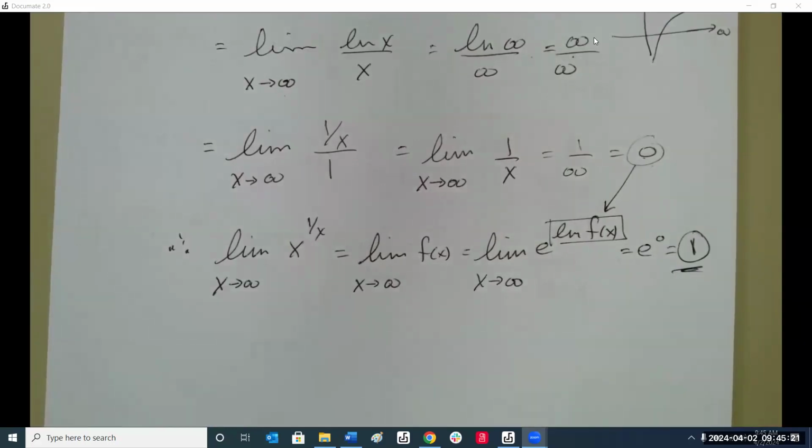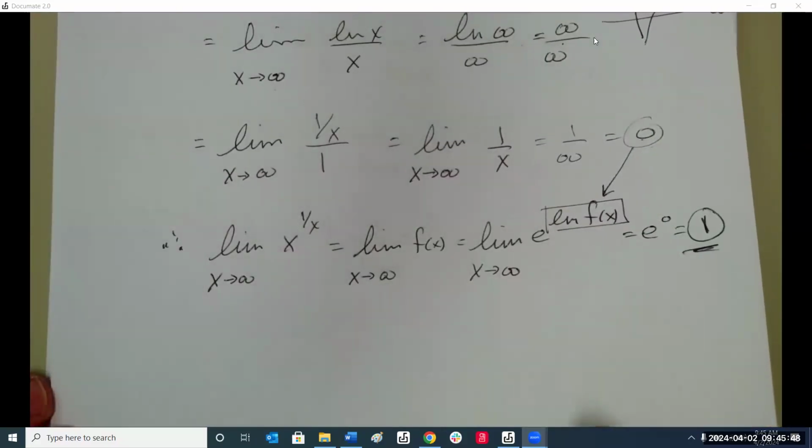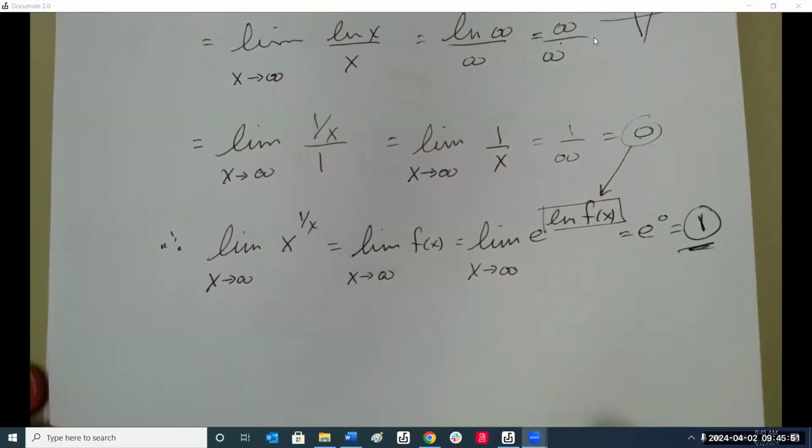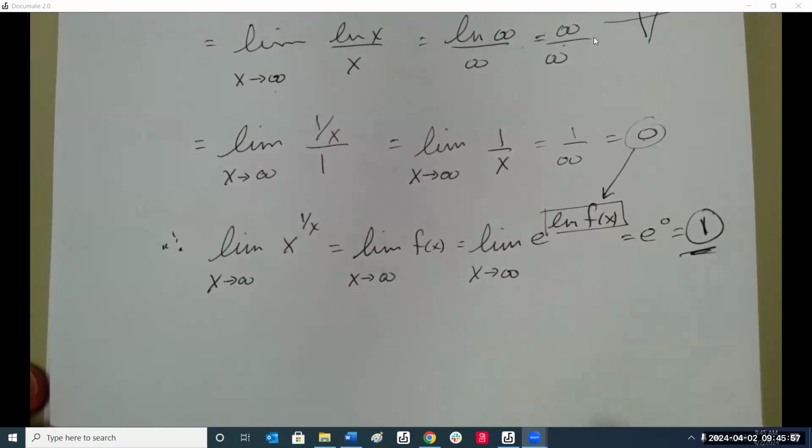Do we have anything else? Remember the mean value theorem? What's the mean value theorem? What's the formula for it? What does it find for us?